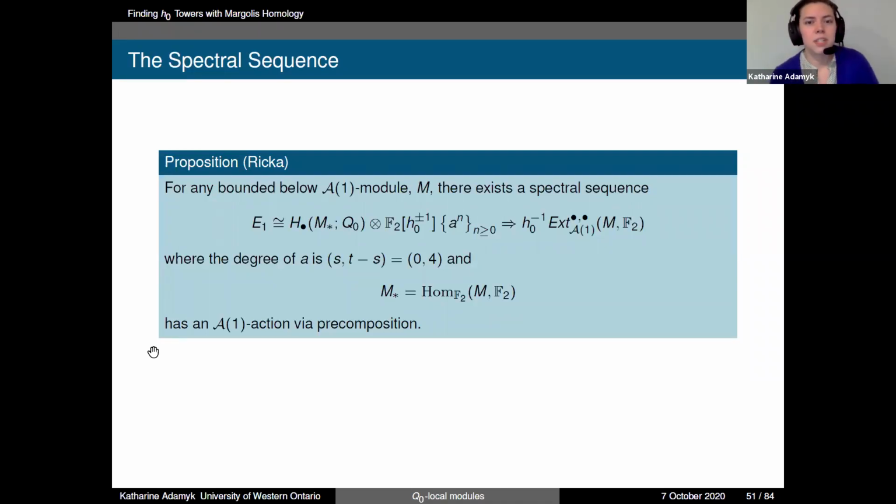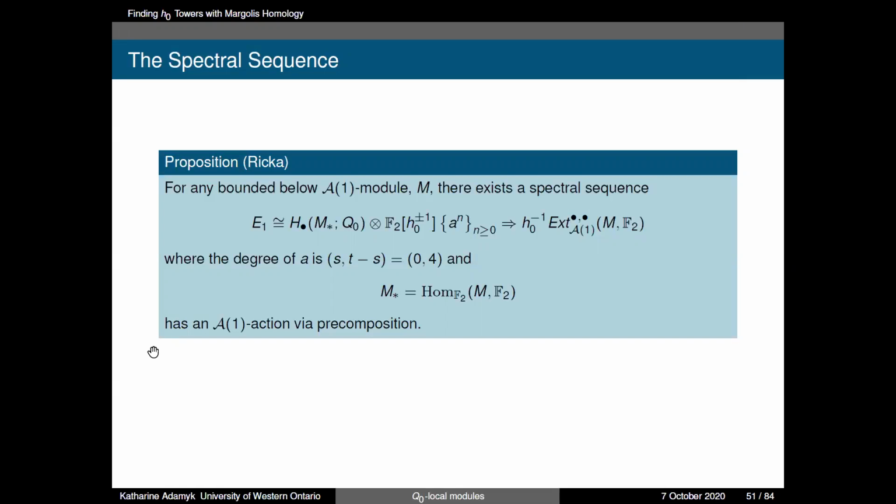So this proposition came out of conversation with Nicolas Ricka, and what he suggested was that you take a spectral sequence where the first page is what the theorem would predict for your A1 module if it were a module over the whole Steenrod algebra, and it converges to the thing you actually want, which is H naught inverted Ext of your module. I'm using A here instead of alpha, and I'm not claiming a multiplicative polynomial structure here because it didn't quite get there in the result. But additively, this is the same thing as what our theorem predicted.